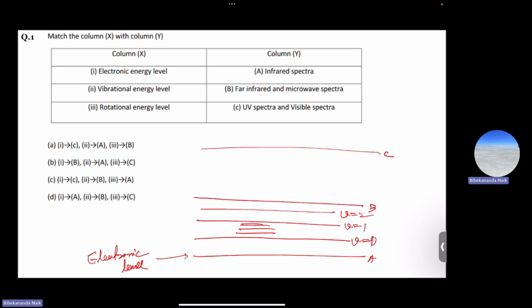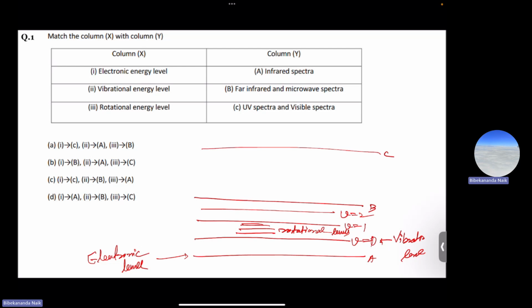So these are rotational levels and these are vibrational levels.